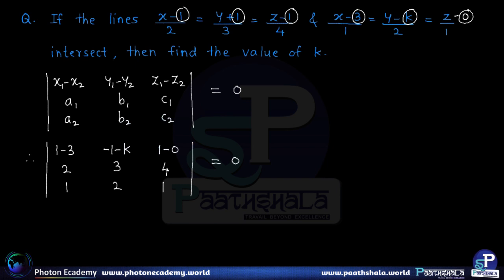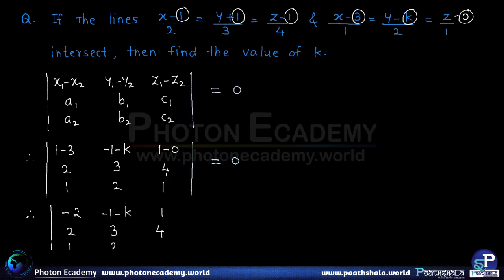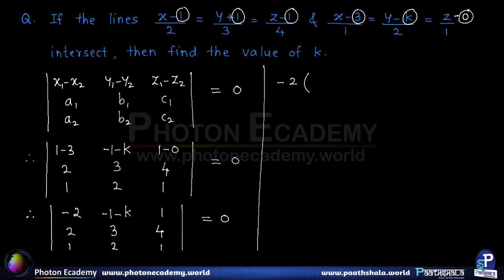So now we have to merely solve this determinant and get the value of k. We have minus 2, minus 1 minus k, 1, then 2, 3, 4, then 1, 2, 1, this whole thing equal to 0. Let us simplify. We get minus 2 into bracket 3 minus 8, which is minus 5.